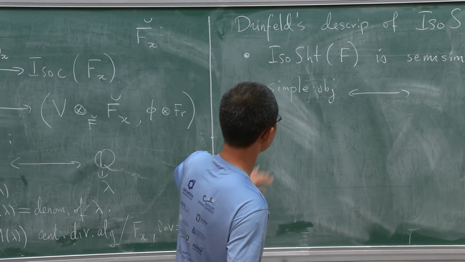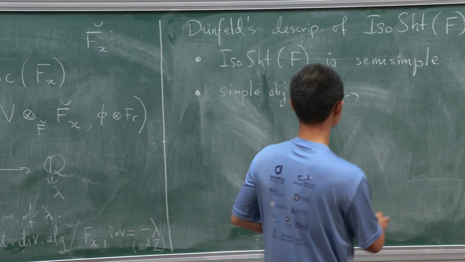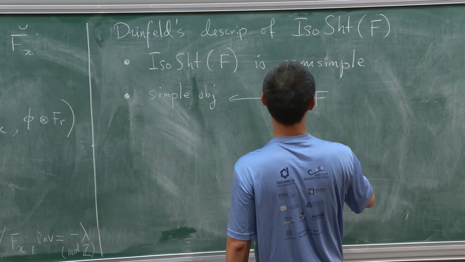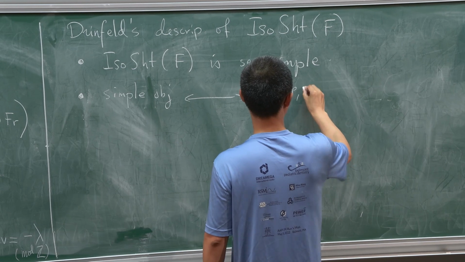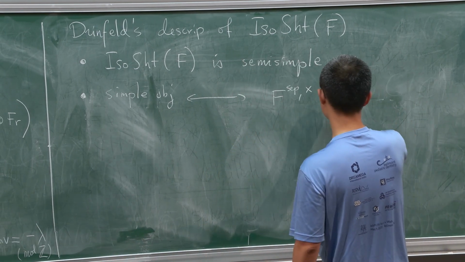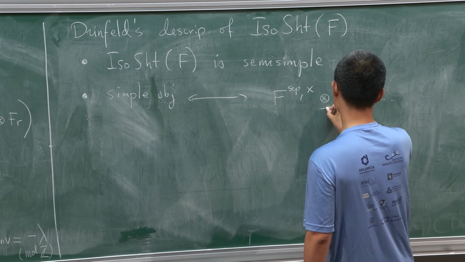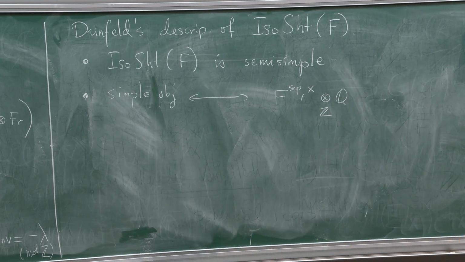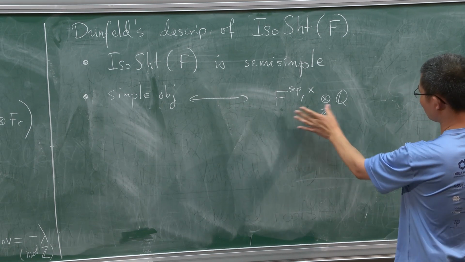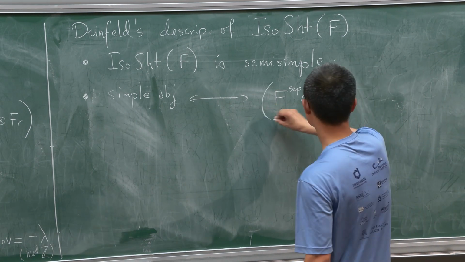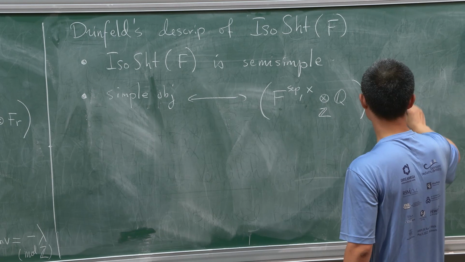But the answer is very nice. You take the separable closure of F, take its multiplicative group, and then you tensor up to Q. So just view it as an abelian group tensored with Q, and then you divide by the Galois action.